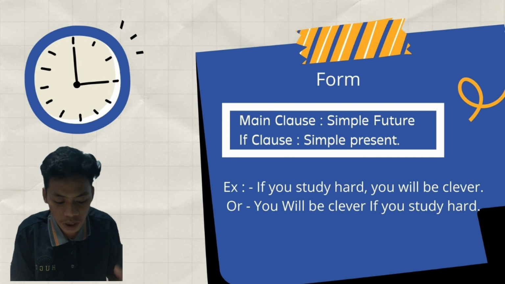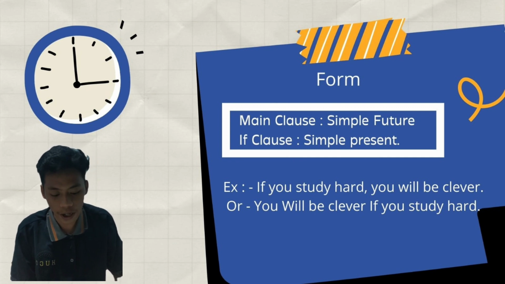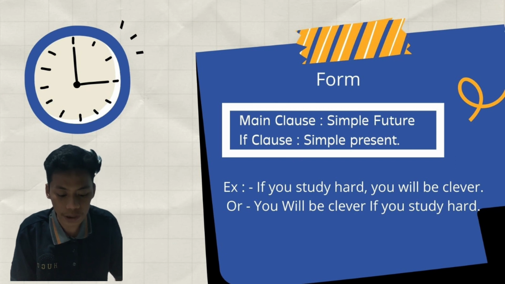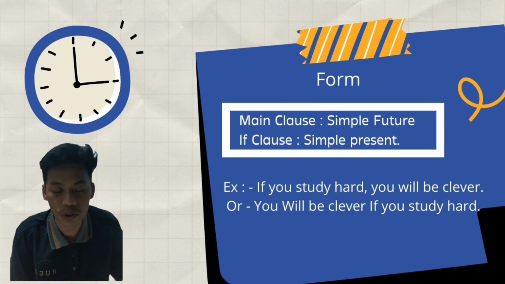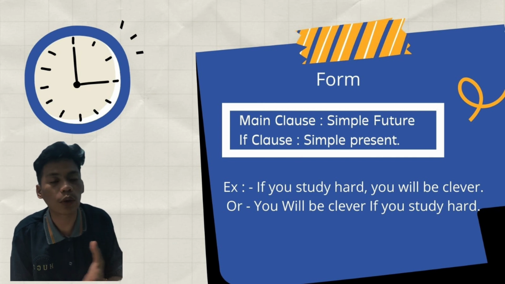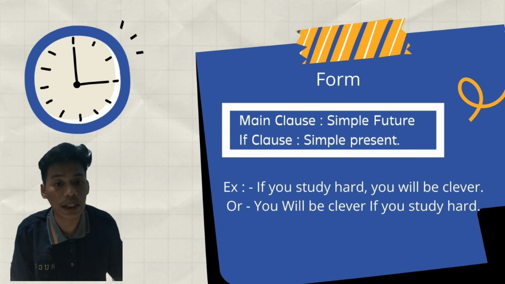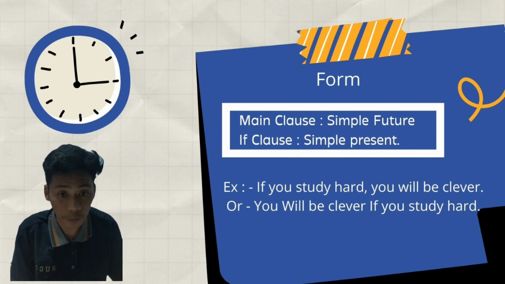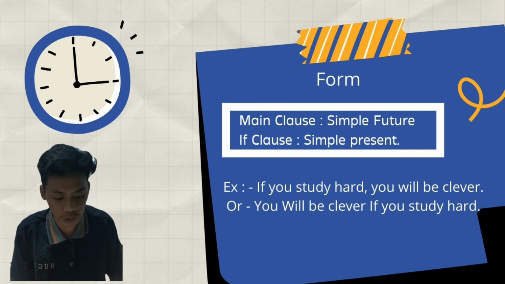If you study hard is the if clause, and you will be clever is the main clause, because it uses simple future. We know it is simple future when we find will. Or like this: you will be clever if you study hard.